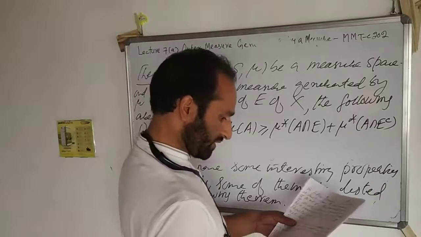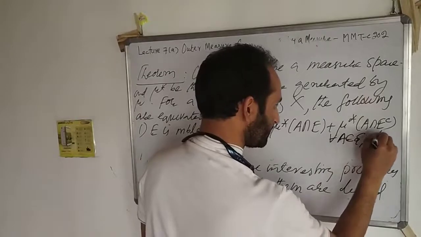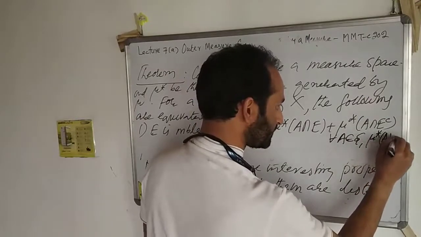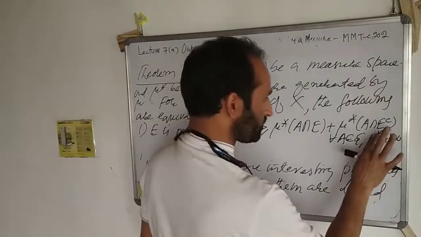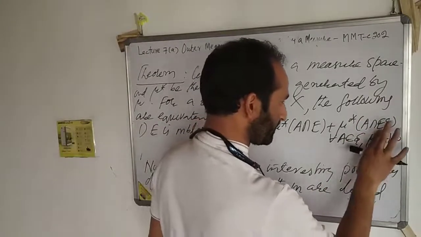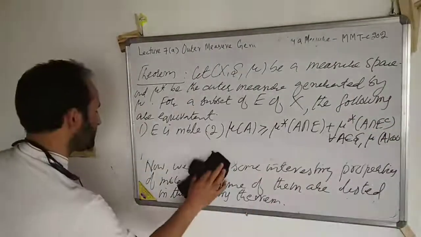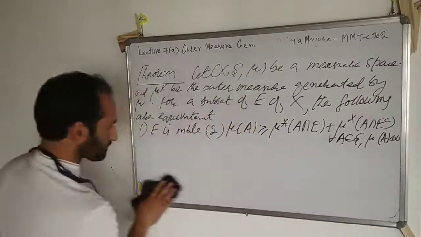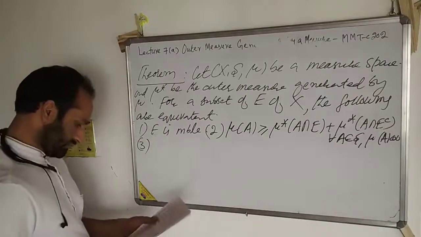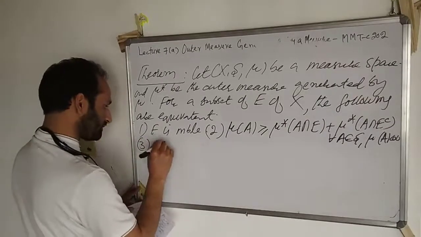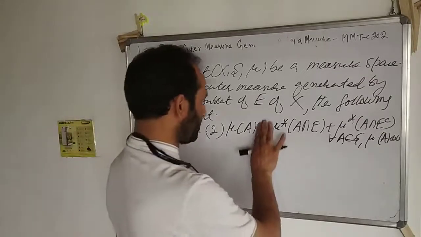for all A belonging to S with its outer measure finite. We can write here mu because mu star is the same as mu on S. So mu of A is finite. And the third property is, sorry, it's here equal to.